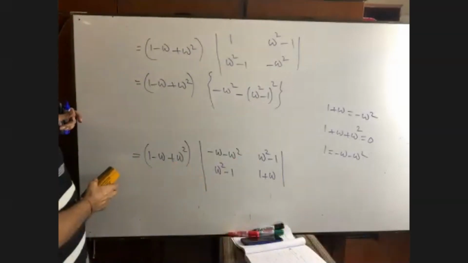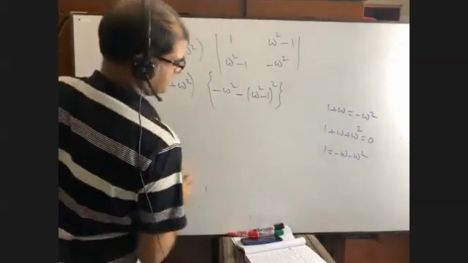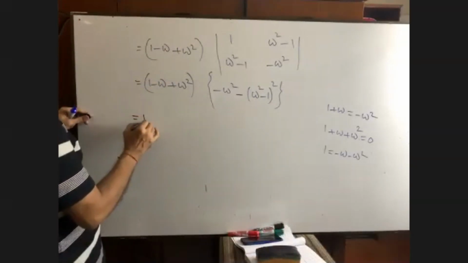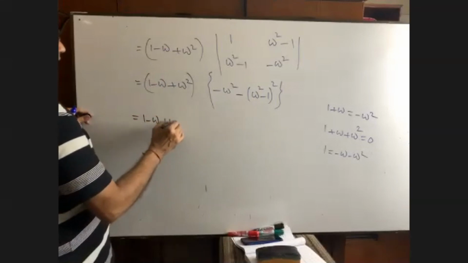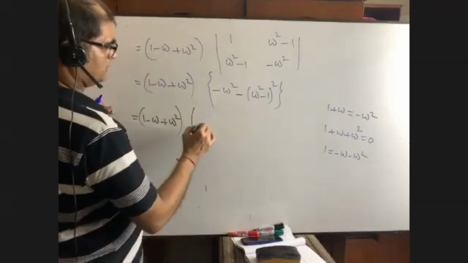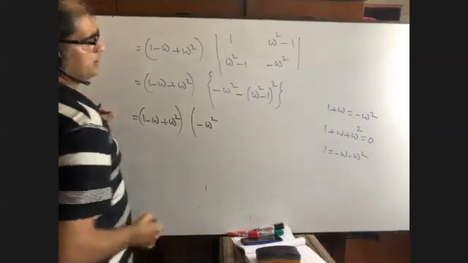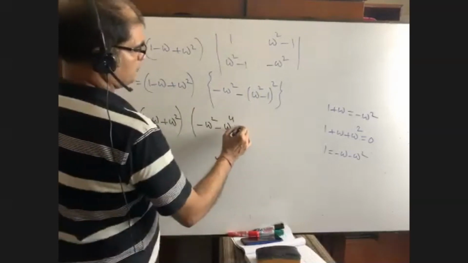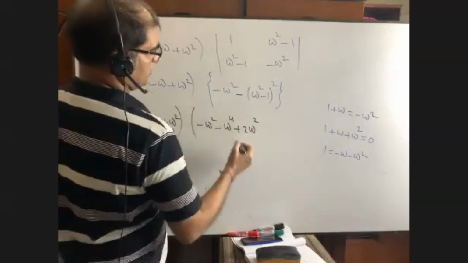Is it? Now you go for calculating. That is 1 minus omega plus omega square. What is the formula? Just let me know. Minus omega square, then minus omega 4 plus 2 omega square minus 1.